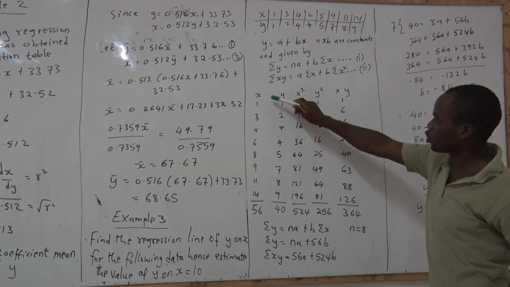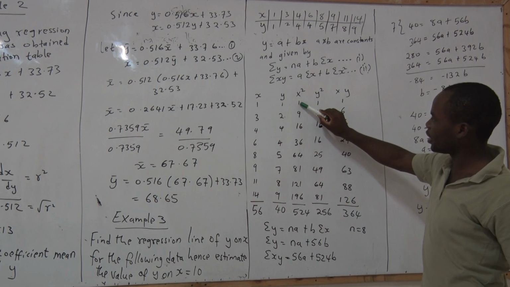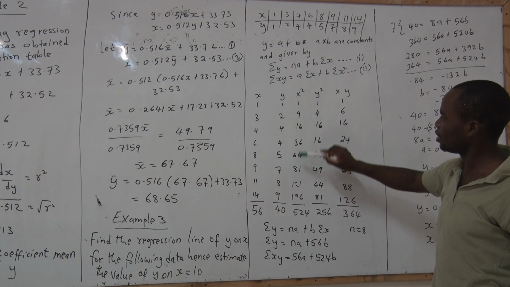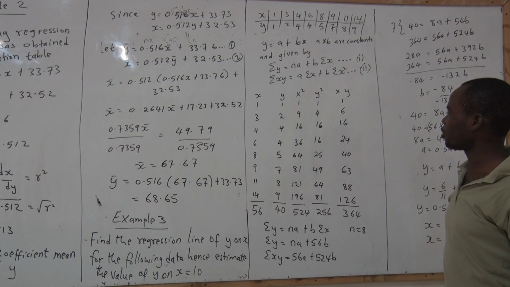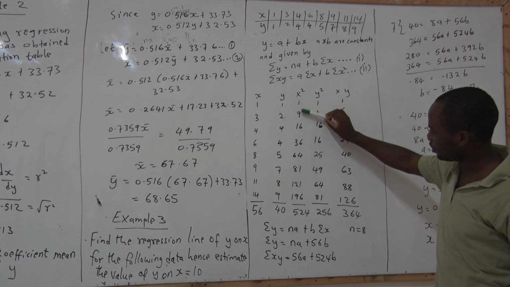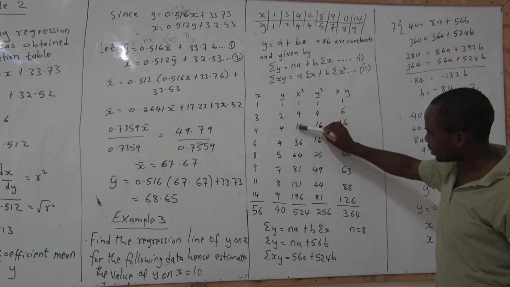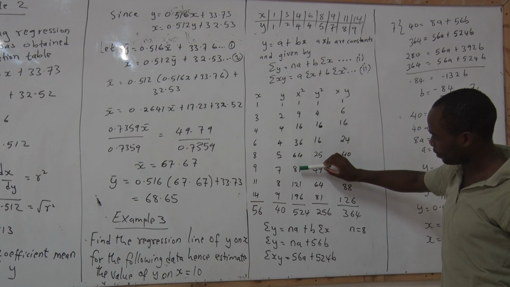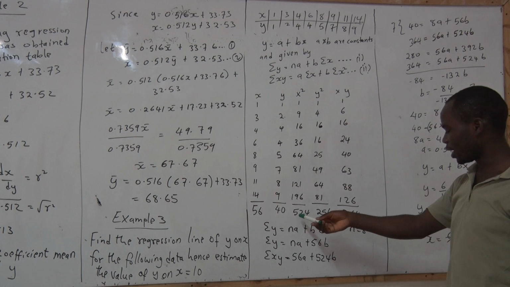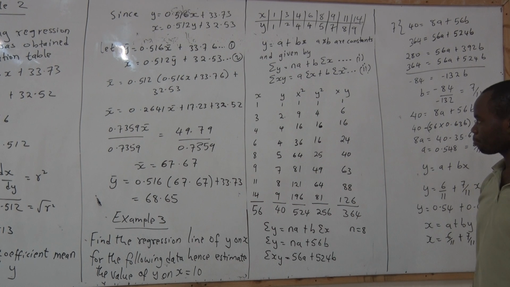Then we square x. 1 times 1 is 1, 3 squared is 9, 4 squared is 16. So we fill the entire row that way, and at the end here we add 1 plus 9 plus 16 plus 36 plus 64 plus 81 plus 121 plus 196, and we get 524.